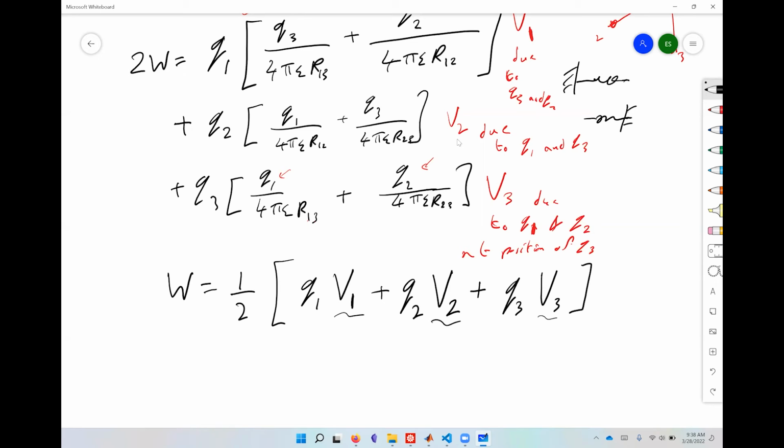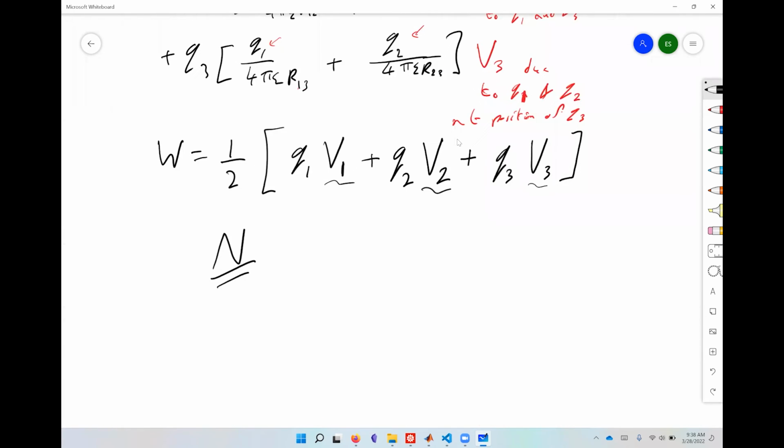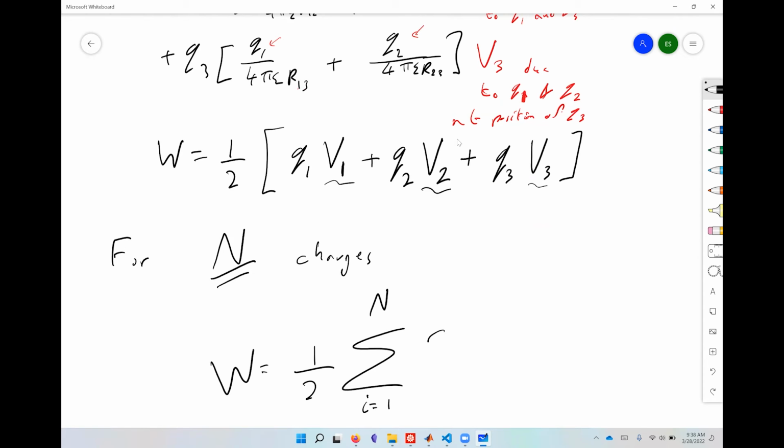This pattern shows up with 3 charges, but it will show up regardless of how many charges you have. Even if you have n charges, the pattern still holds. So for n charges, W is going to be half, and you take a sum from 1 to n of the charges times the voltages at each charge due to the other charges.